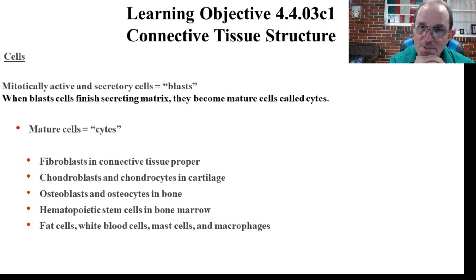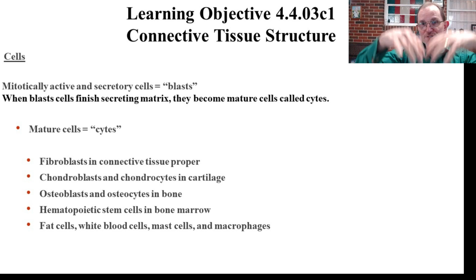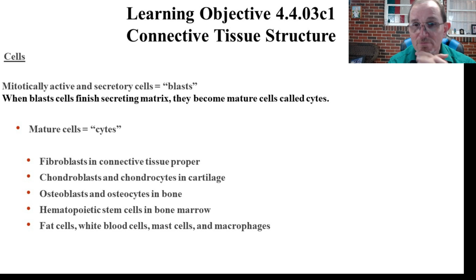Same thing with bone. The osteoblasts are going to make collagen, which is later going to be coated with a hard crystal, which is what bone is. But eventually they're going to find themselves surrounded by this matrix, and at that point they change from an osteoblast to an osteocyte.